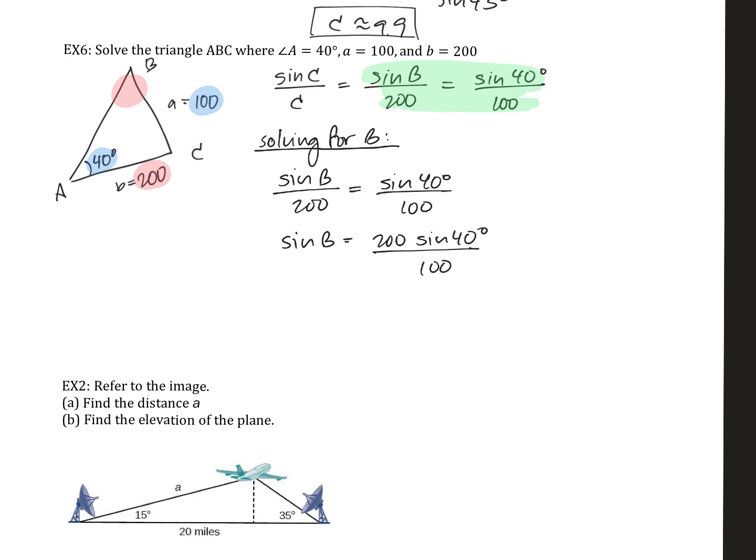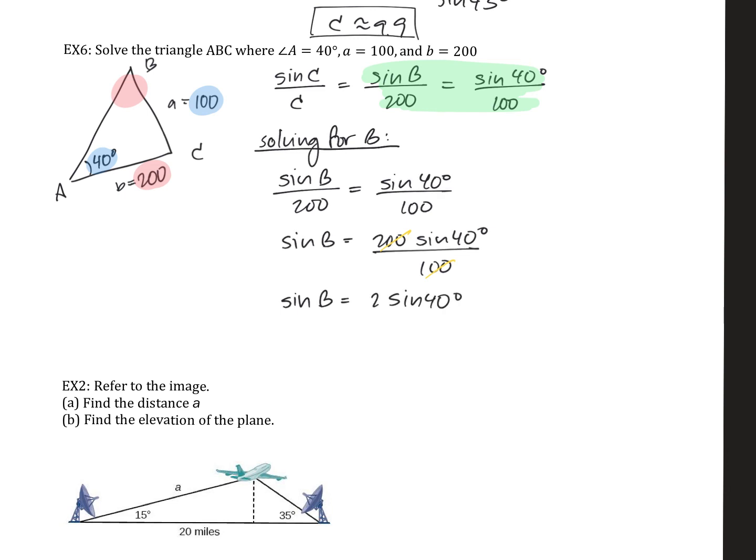Hey, look, we can simplify the 200 and 100. Question, real quick. Could I simplify the 100 with the 40? The answer is no, no, no, no, no. Why not? The 40 is inside the function sine, so you can't touch that. Okay, so then we have sine of B equals 2 sine 40 degrees.